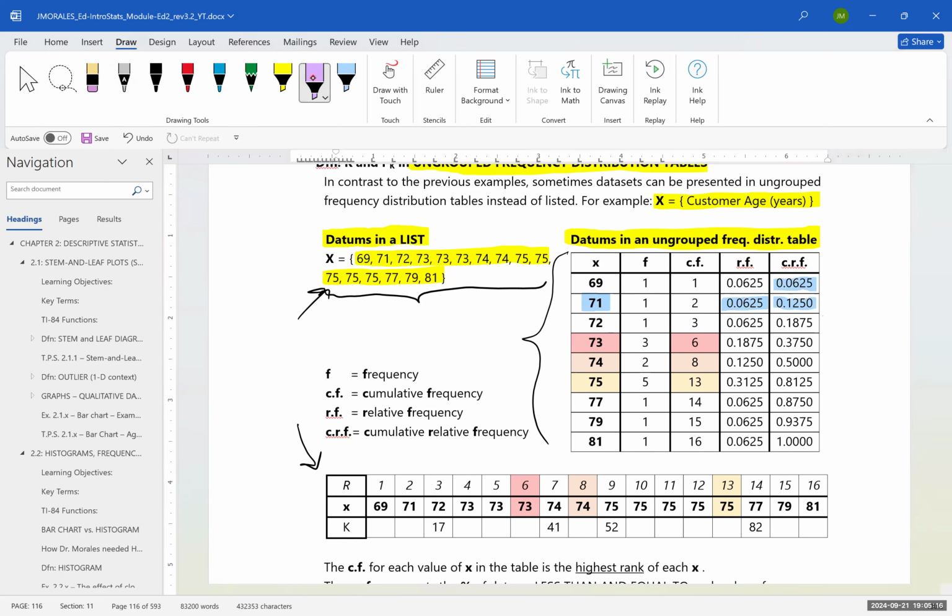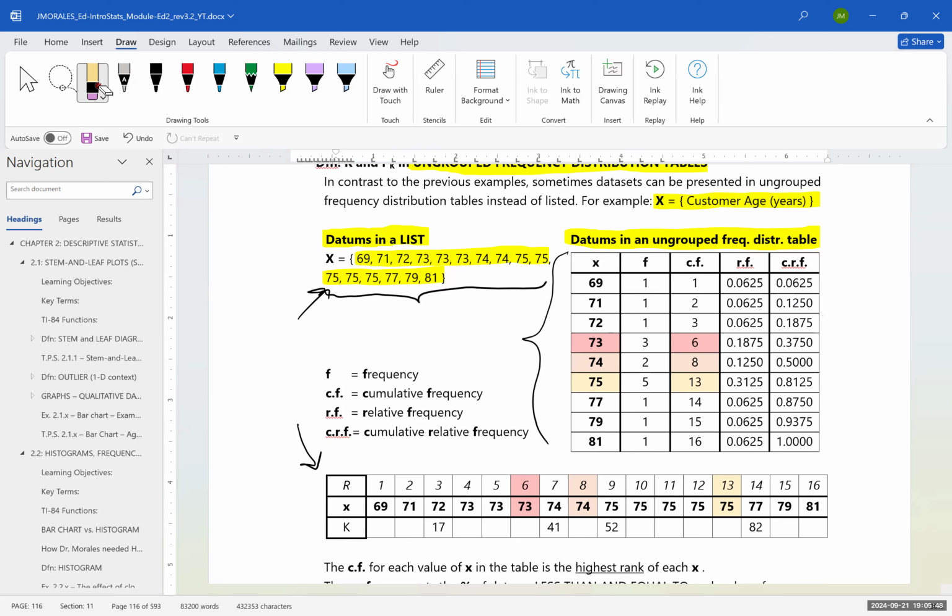If we needed to calculate the cumulative relative frequency of 72, it's going to be the relative frequency of 72 plus the previous cumulative relative frequency. Add those two together, and you get 0.1875. And you just keep going right on down the line and fill in the rest of that column. All right, so that's a little bit of a review about frequency distribution tables.